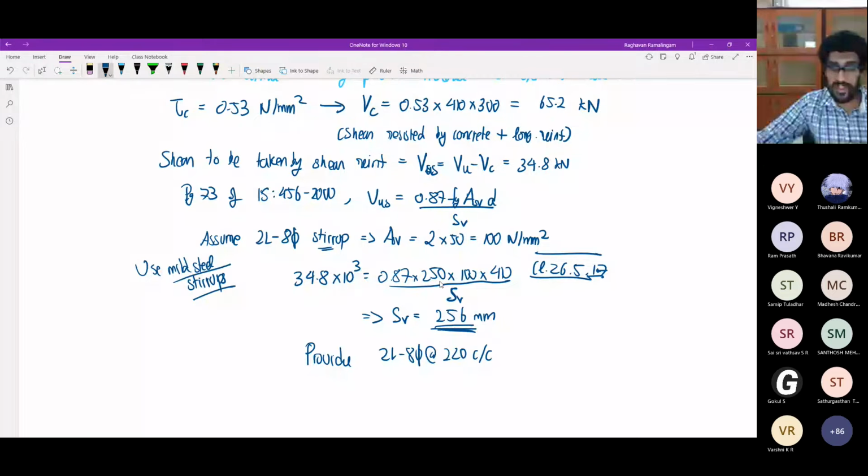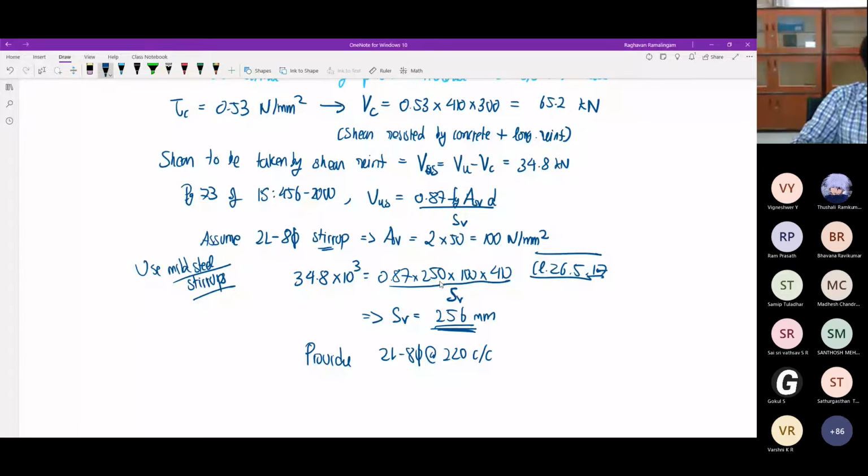Okay, just a follow-up question before I end the class. So this was our shear force diagram. Our shear force diagram looks like this. And we have calculated some stirrups over here based on the critical section.